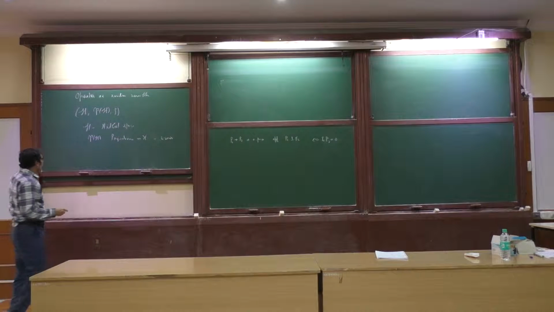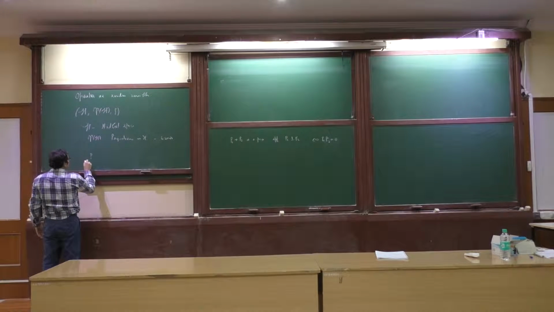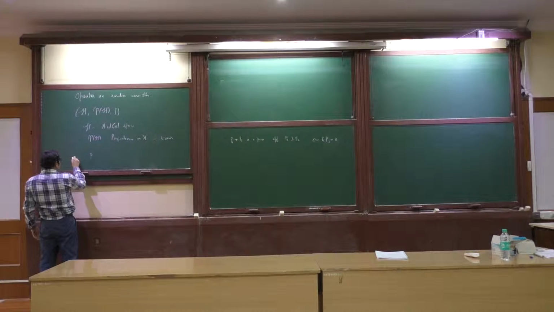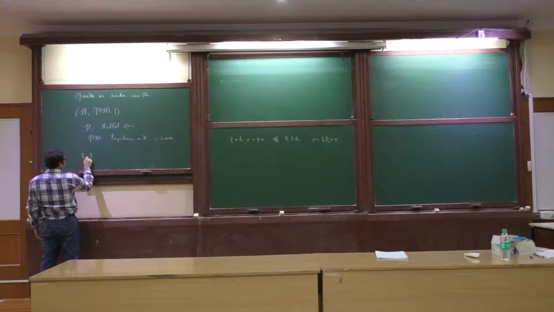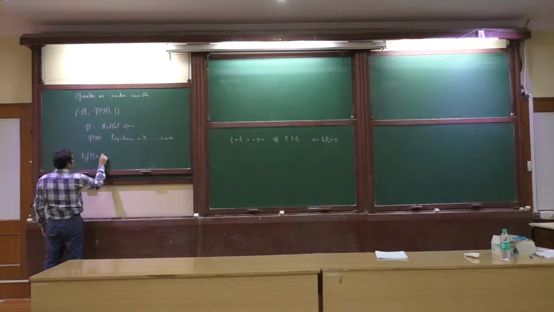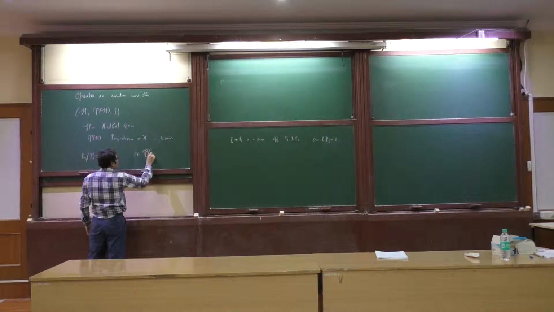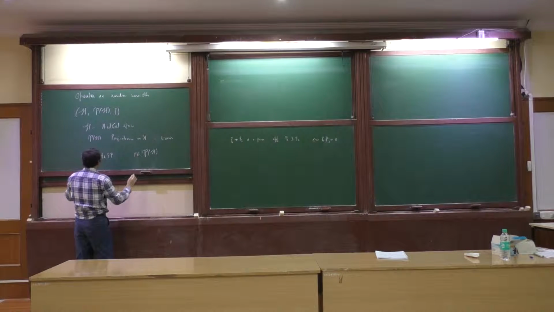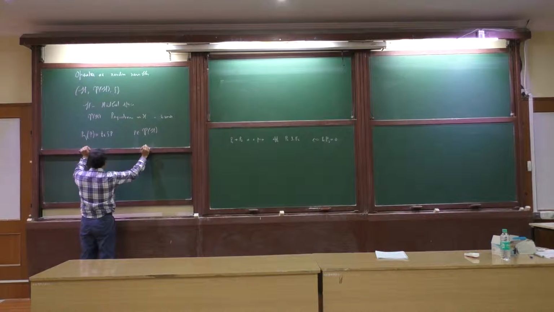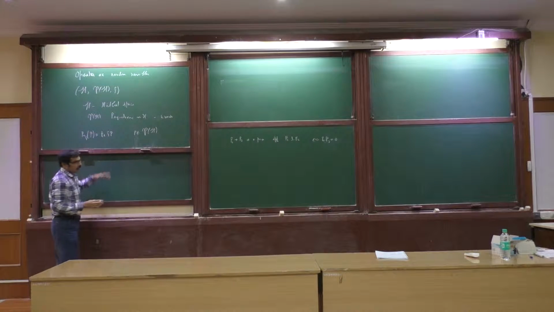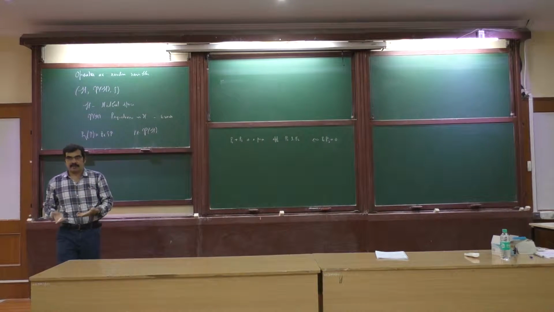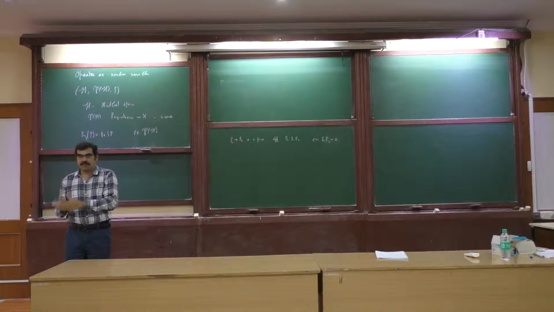Okay, so probability of an event, a projection, say P, under rho, probability of P is trace rho P, where P belongs to P of H. So that is the understanding we have. For any projection P, the probability of that event occurring, okay, is trace rho P.